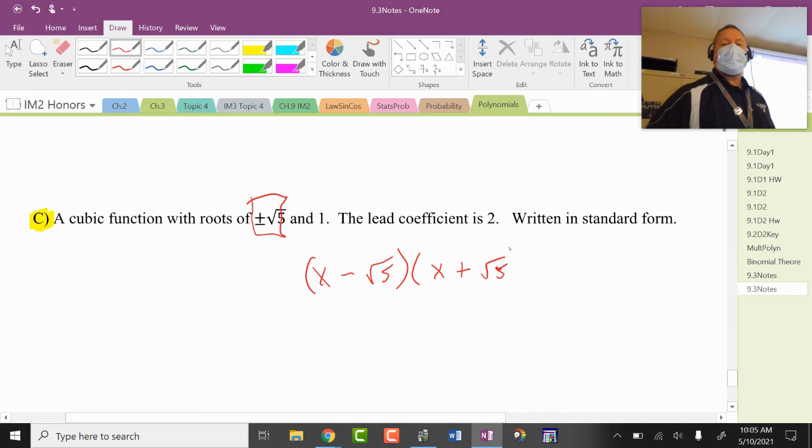I think we'll talk about that next or this week, maybe, when we're talking about factoring and all this other stuff. All right, and a leading coefficient of 2.